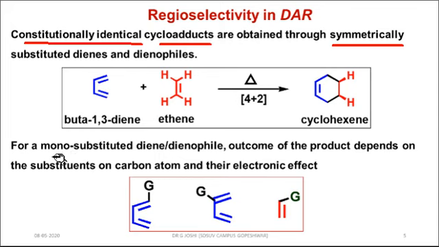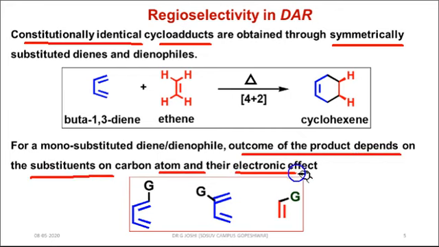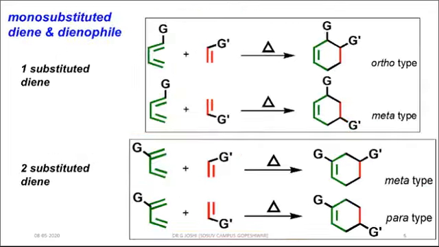However, if we put some groups on diene as well as dienophile, then it will become unsymmetrical. Then the outcome of the Diels-Alder reaction will depend on the substituent on the carbon atom of diene as well as dienophile and their electronic effect respectively. Let's see.